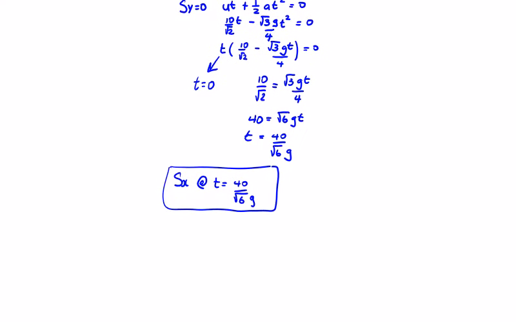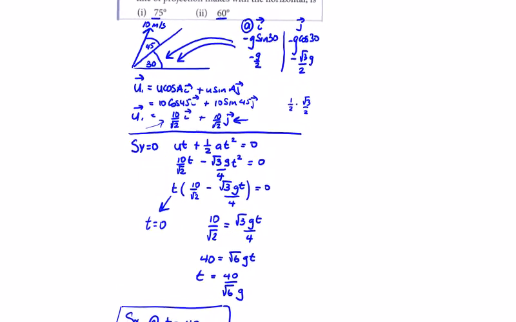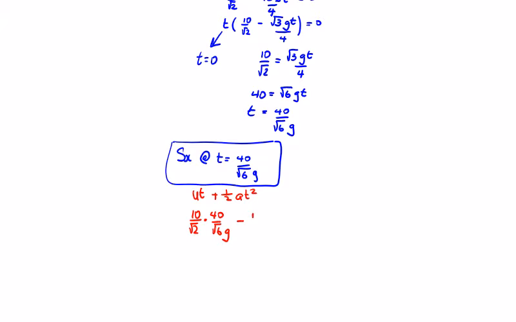So s of x, ut plus a half at squared, is going to be 10 over root 2 times 40 over root 6g, minus, we had g over 2, but just double check, minus a half by g over 2 by t squared, which is 1600 over 6g squared.